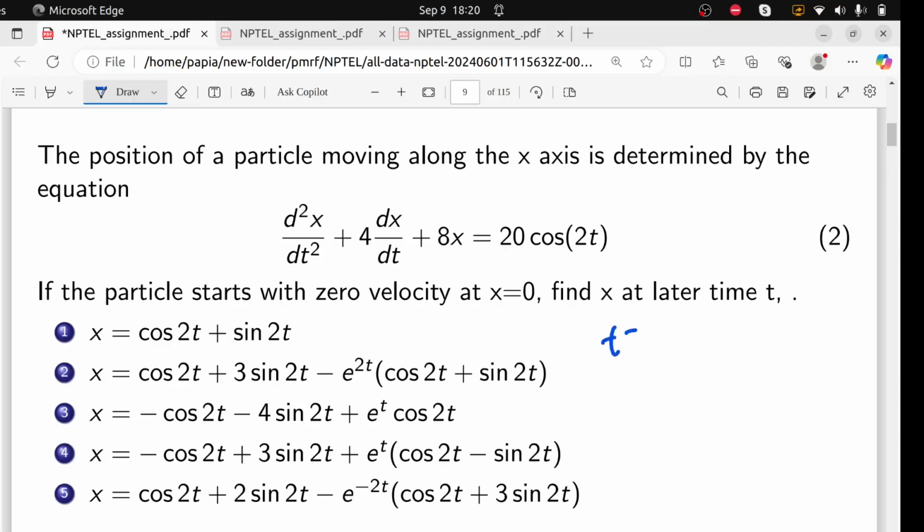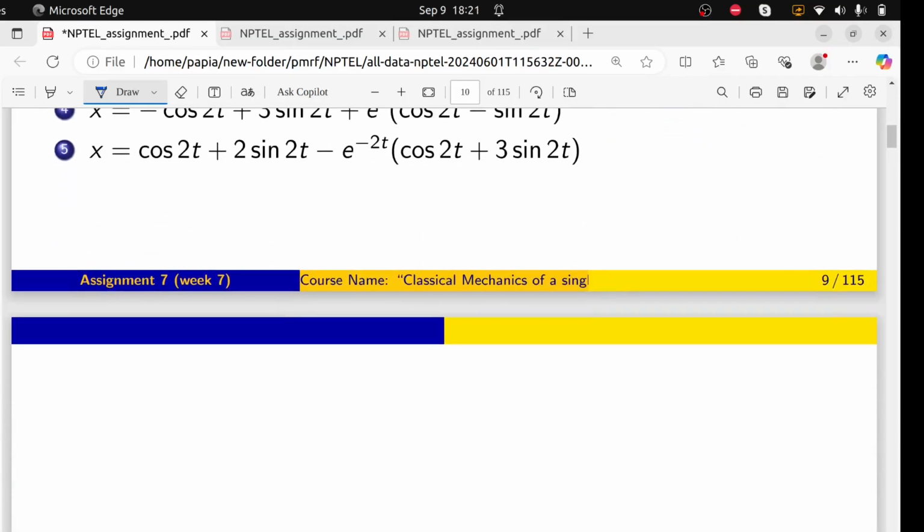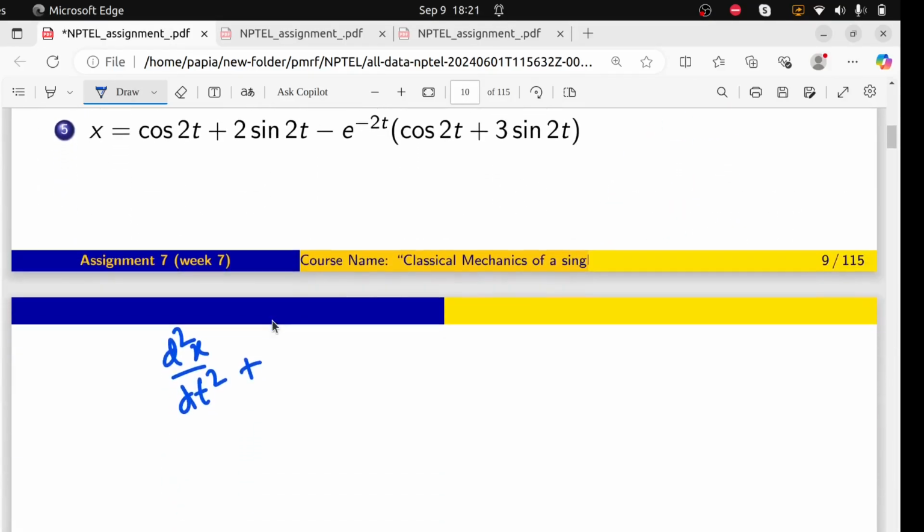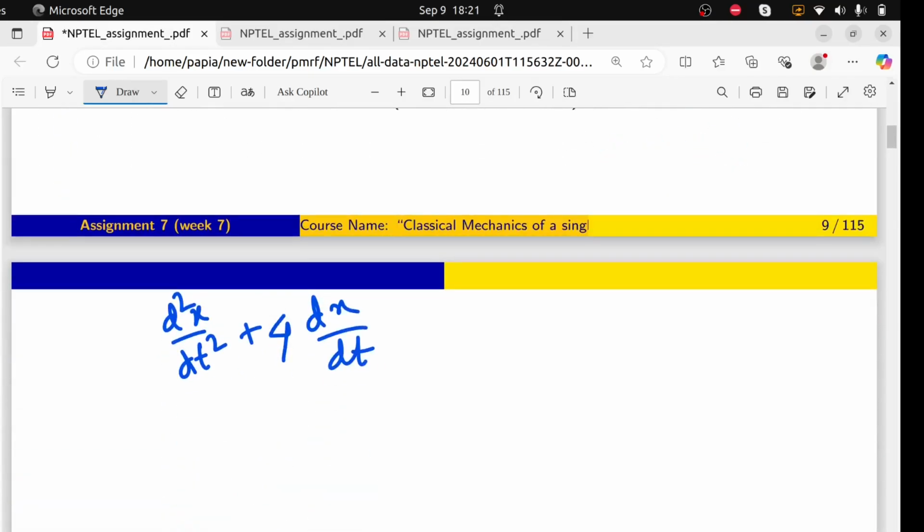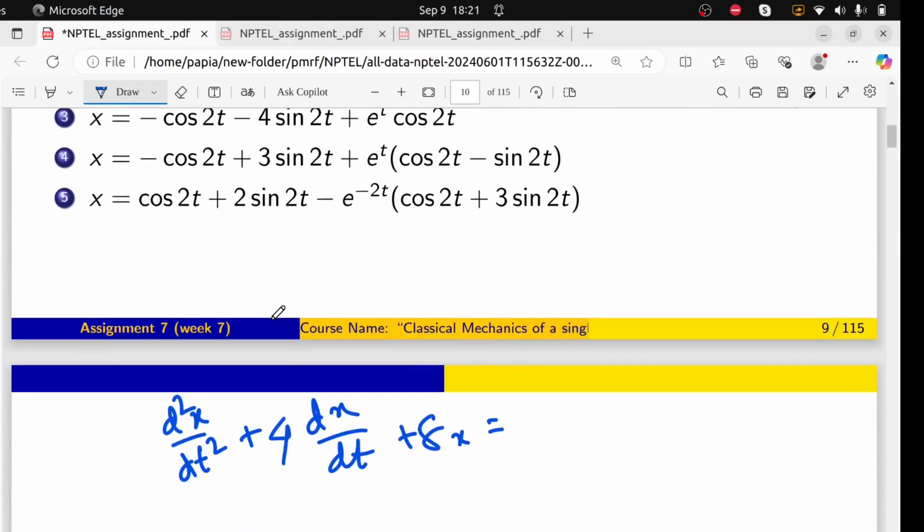So here also at t equals 0, x equals 0, v equals 0. Now coming to d2x/dt2, there is nothing to say here because this is exactly similar to the previous one. So I am just going to write this equation, and then I will write the solution 20 cos 2t.